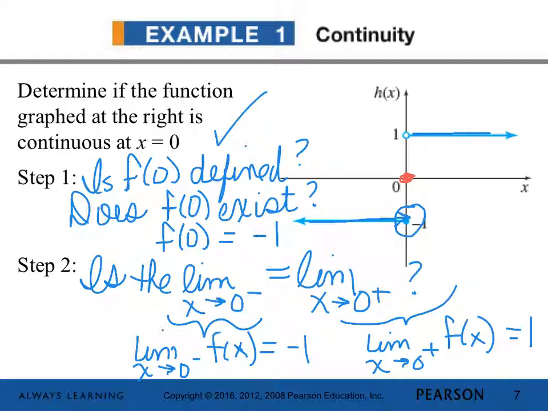So is the limit from the left equal to the limit from the right? And we know that -1 does not equal +1, so no. Therefore, the function is not continuous at x equals 0.